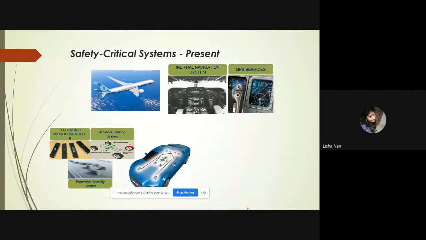This is all embedded, all brought with these technologies combined. You can't believe this electronic microcontroller does a lot, even if it looks like a very small chip. The interconnection of these microcontrollers brings us so many of the technologies we are using right now. So that's what is in the automobile industry.